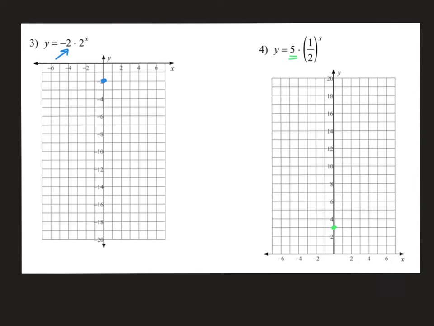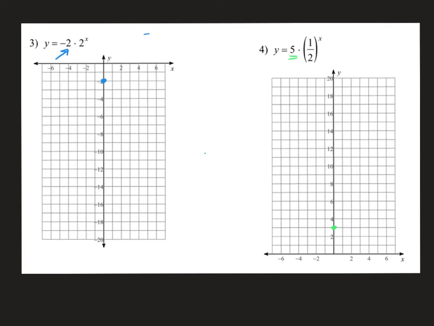Now this has a doubling feature, and it is exponential growth. It's exponential growth because the base value is 2. But something weird happens on this one when it actually is going to go down. And the reason why it's going to go down is because the a value, negative 2, is negative. So that negative is going to cause it to go in a negative direction.